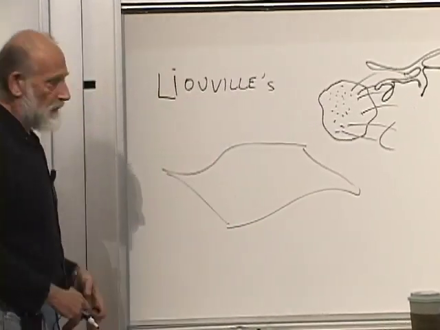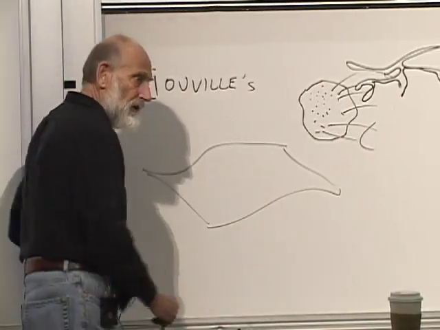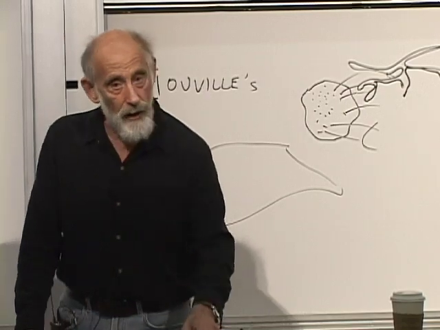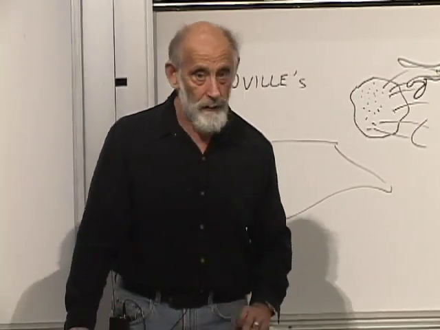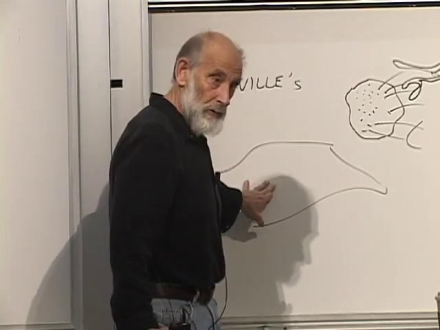Then a priori probabilities are simply uniform in the phase space.